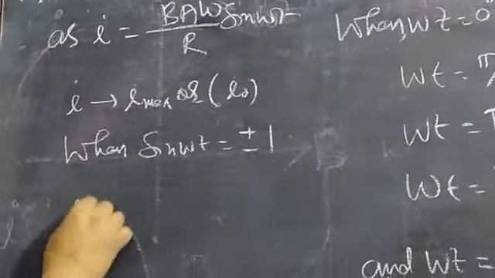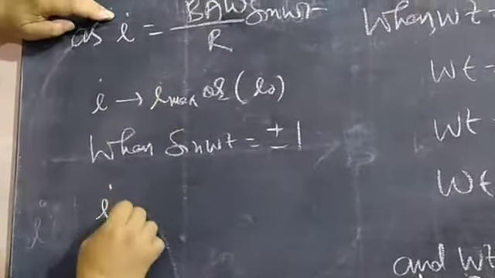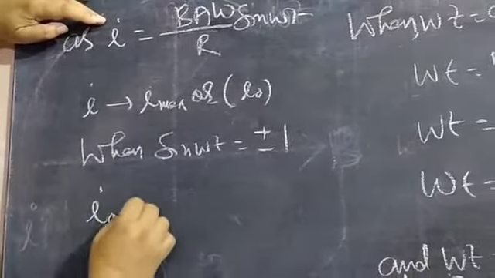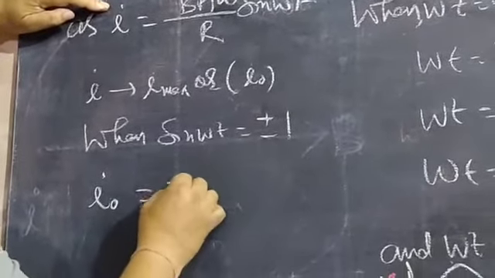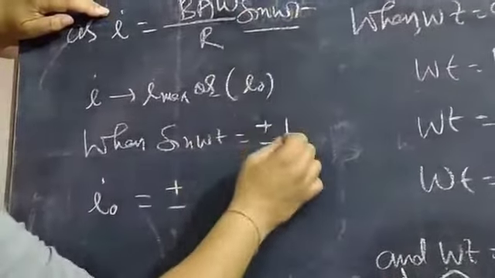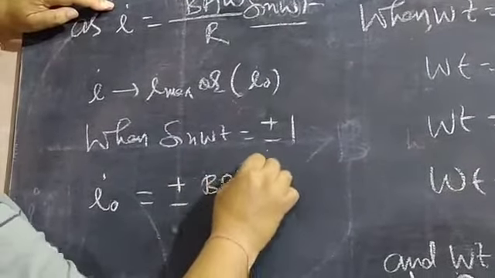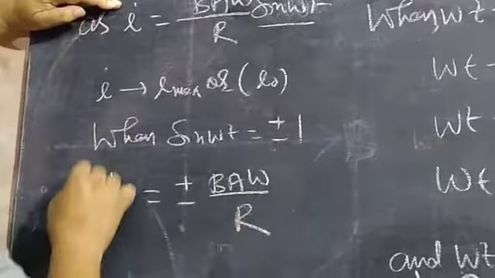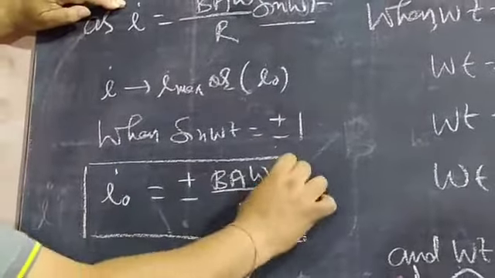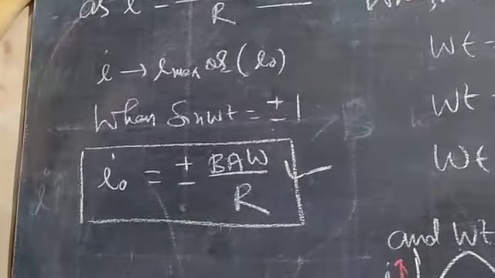So I maximum will be equivalent to plus minus B A omega upon R. So this is the peak value of AC. That's all.